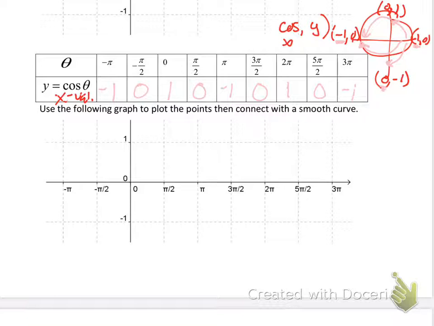Then, when you graph this, same idea. The radians are your x, and the other values go on your y. Okay, so at negative pi, I'm going to put a dot at -1. At negative pi over 2, 0. At 0, 1. Pi over 2, 0. Pi, -1.